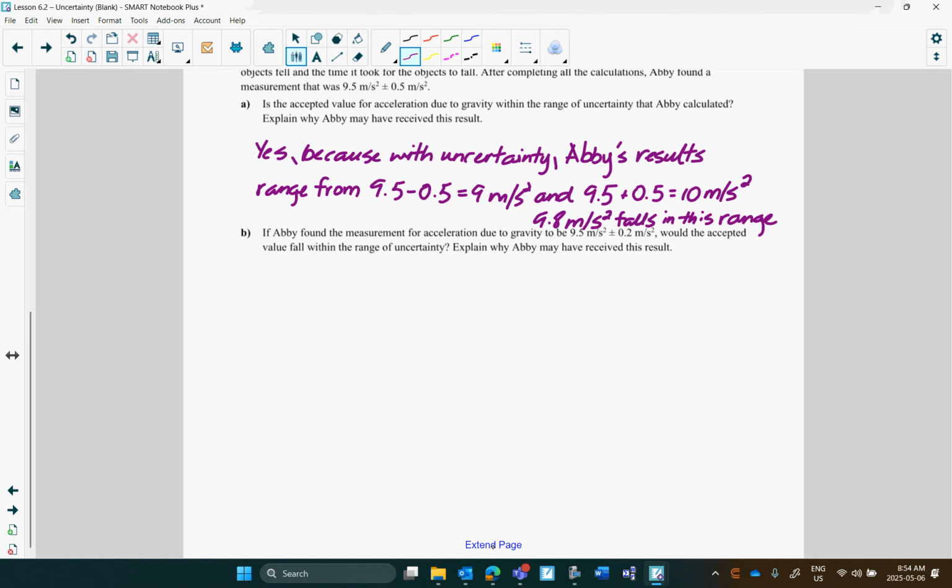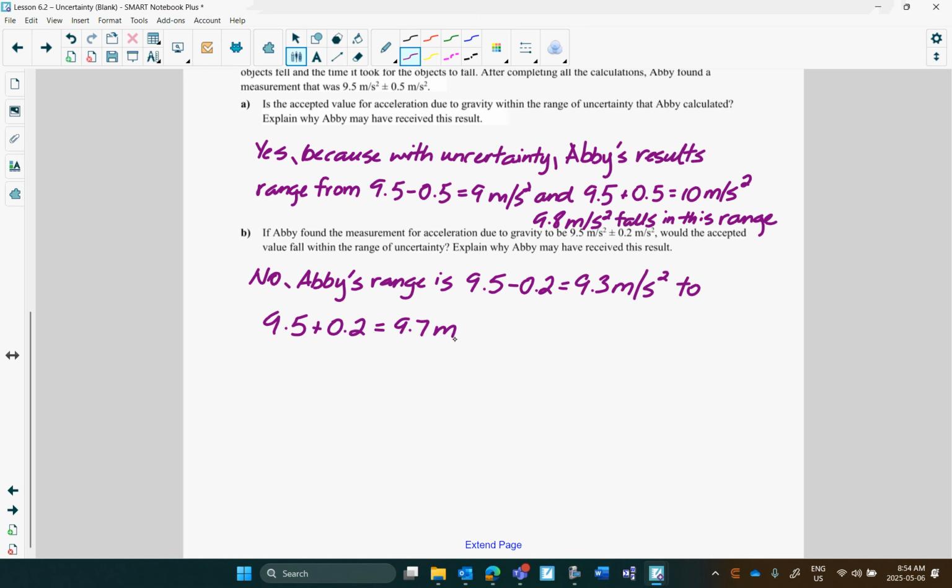But let's say Abby got 9.5 plus or minus 0.2. Would the accepted value fall within this range? No, because Abby's range is 9.5 minus 0.2, 9.3 meters per second squared, to 9.5 plus 0.2, which is 9.7 meters per second squared.